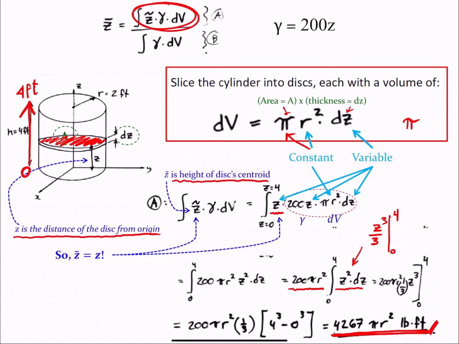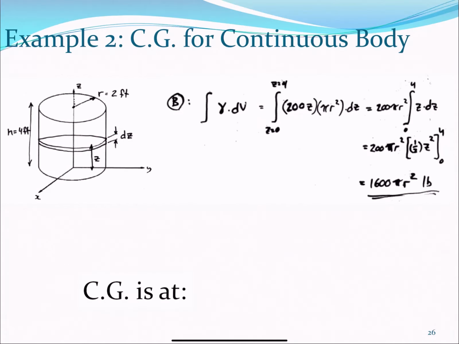And now I'm ready to evaluate the denominator, the integral of gamma times dV. I can substitute, just replace gamma and dV. It's a much nicer integral because it is just z times dz, which I integrate. Remember, this is z squared divided by 2.